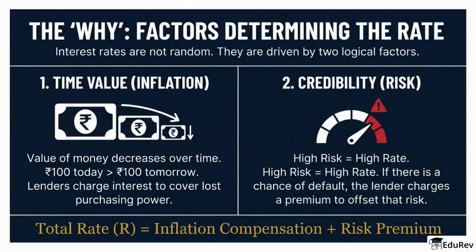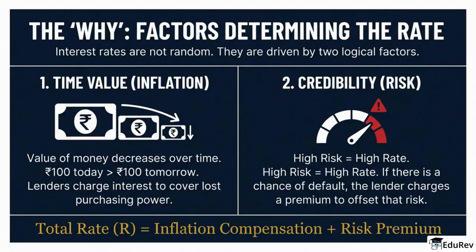Now that we understand what interest actually is, let's look at why the interest rate is what it is. Interest rates are not random. They come from two simple and logical factors. The first is the time value of money, or inflation. Money loses value over time. 100 rupees today is worth more than 100 rupees tomorrow. So lenders charge interest to compensate for this loss in purchasing power.